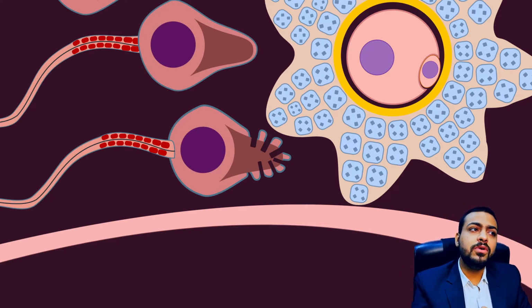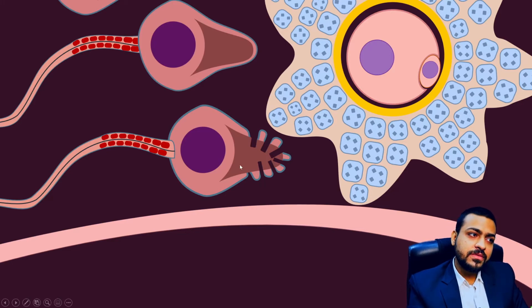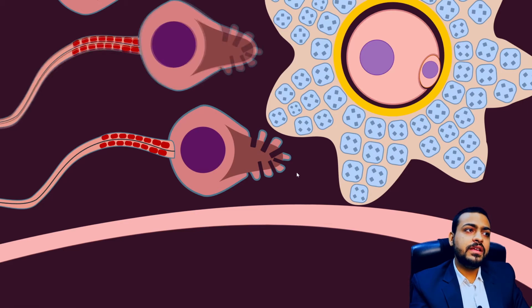Through these holes, the contents of the acrosome, the tip sac that is present at the tip, will be released.